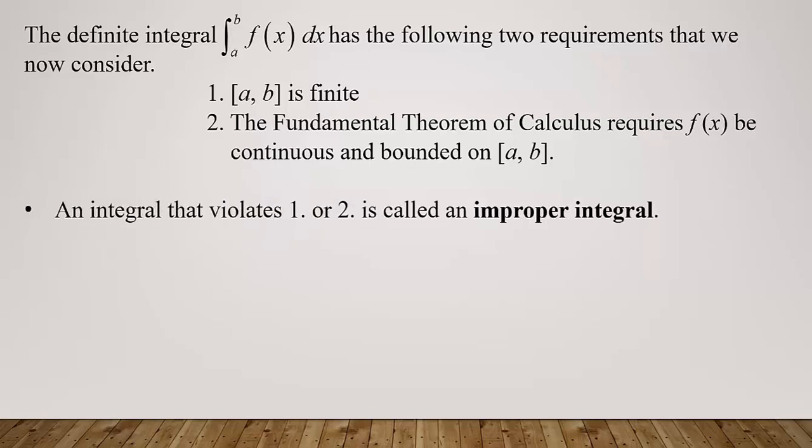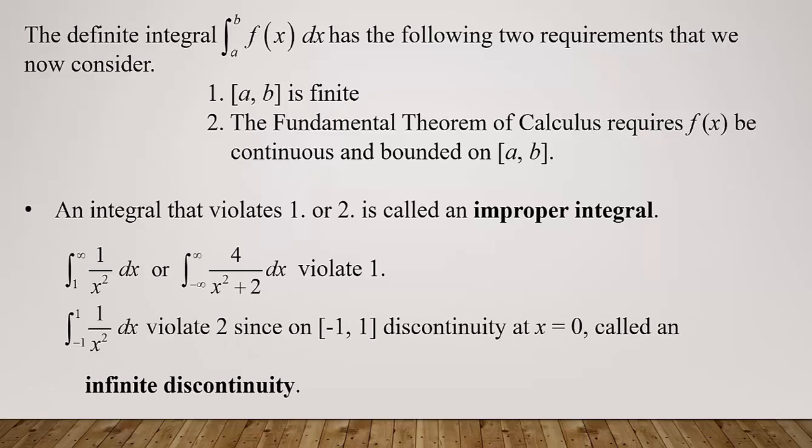Folks, any integral that violates number 1 or number 2 is called an improper integral. So for example, the integral from 1 to infinity, 1 over x squared dx, or the integral from negative infinity to infinity, 4 over x squared plus 2 dx, those integrals violate number 1. We're not integrating on an interval that is finite.